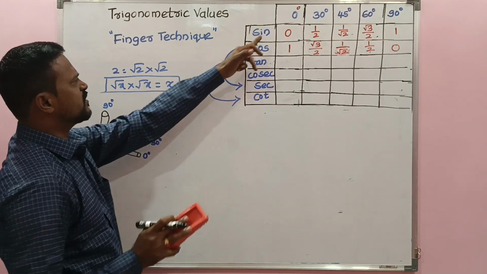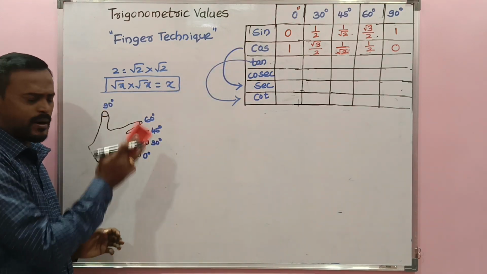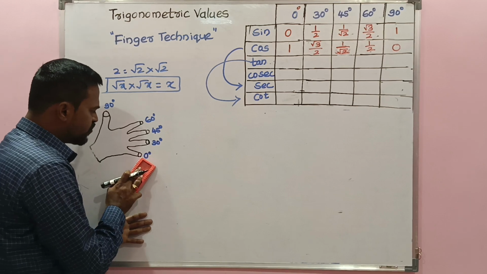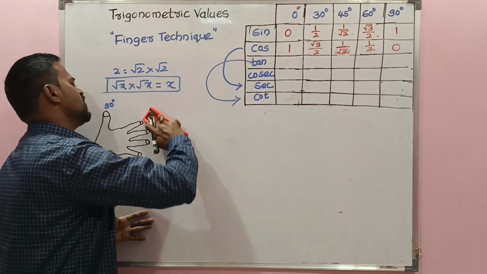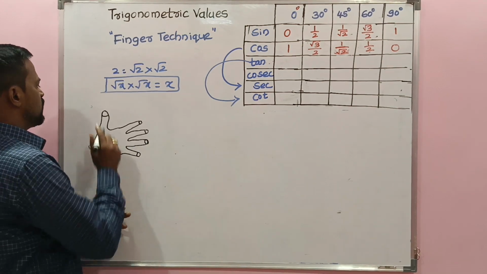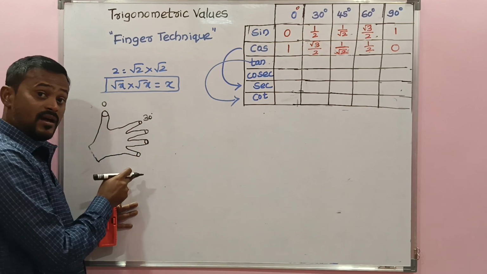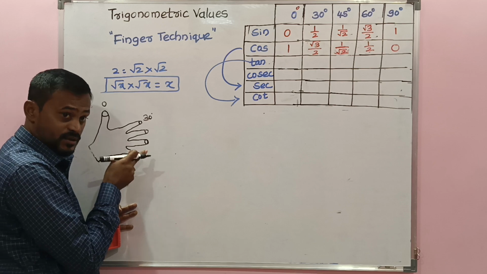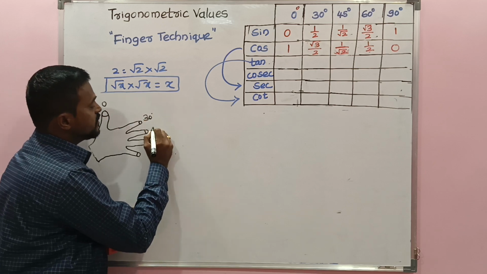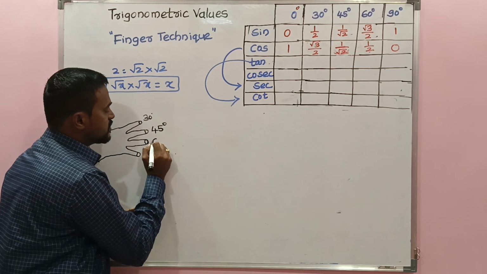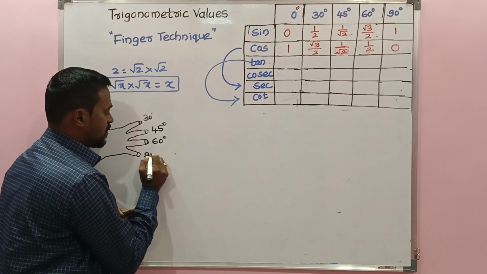Actually, for sine and cos, I have used the same palm. Now we need to change the direction of the naming of the angle. Now, here I am going to write it as 0, 30 degree. Earlier I had written from here. Now I am going to reverse this: 45 degrees, 60 degrees and 90 degrees.